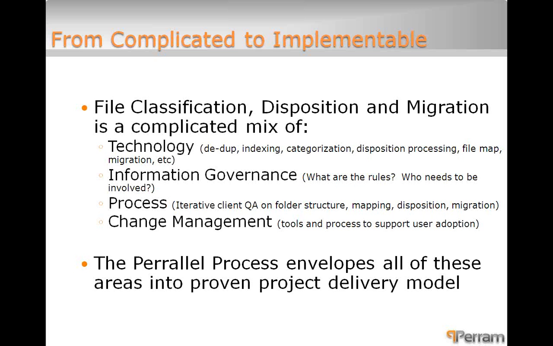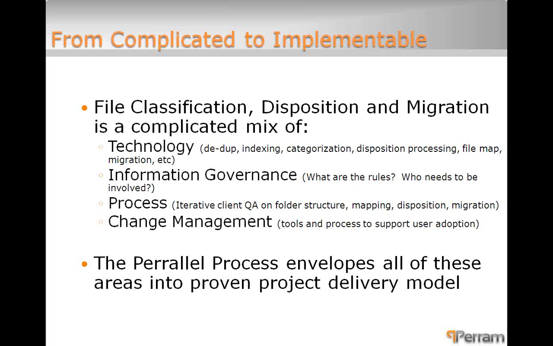One of the things we do with our clients is help them understand really what are we up against, how complex is actually doing this, and what do we need to consider. Some of the things we need to look at there are the different technology bits involved to start off.